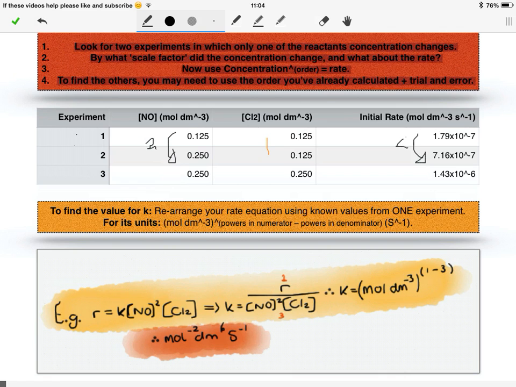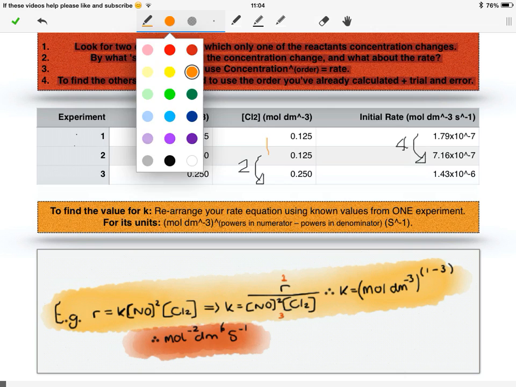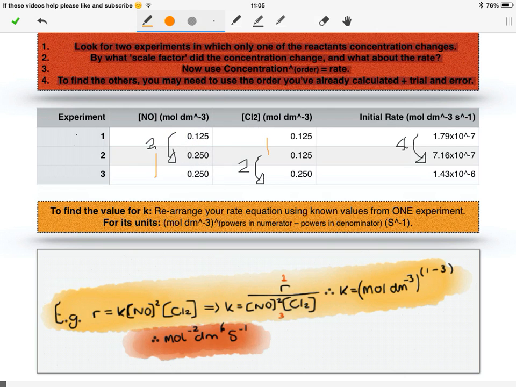Okay, so once we've done that, we can figure out the other order, so the order for chlorine. Again, in this case we can just use the same method as finding the nitrogen monoxide. So this time, experiments 2 and 3, chlorine changes by 2, whereas this stays constant.